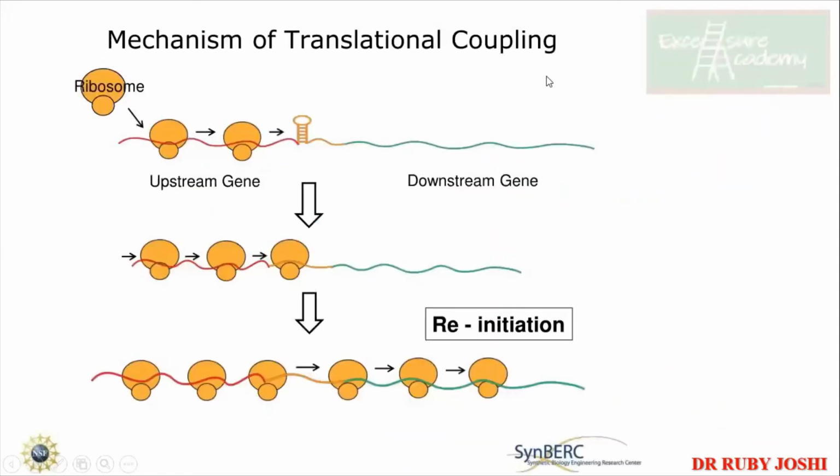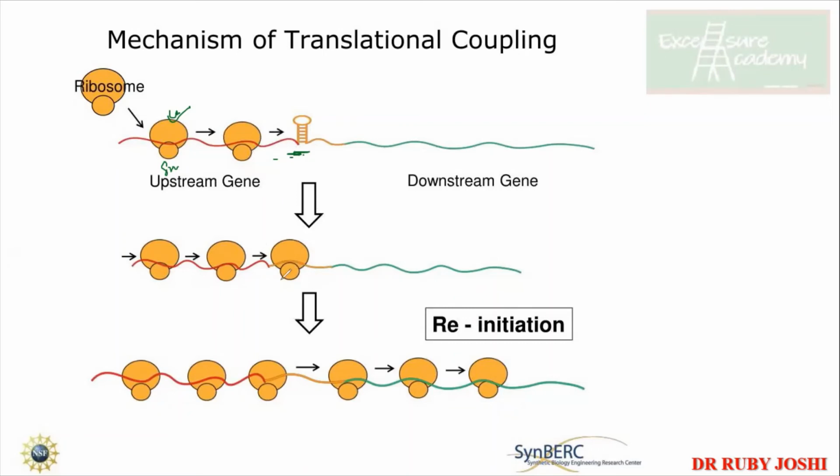Now, as you can see in the figure, you have got the ribosome coming over here. This is your larger subunit. This is your smaller subunit. This is the mRNA. It has got its stop codon over here. This is just the mention. Now, this stop codon is again followed by another one. Now, what is happening?